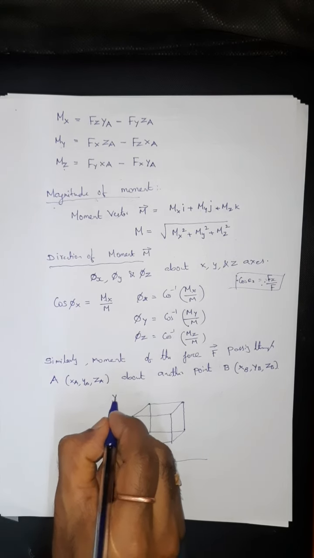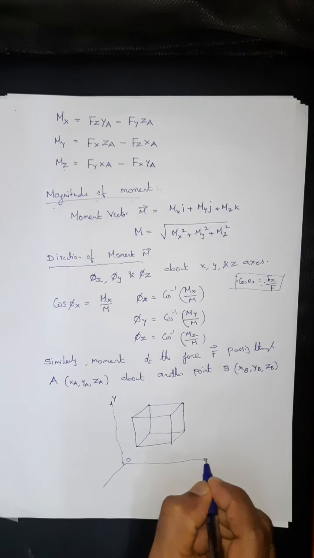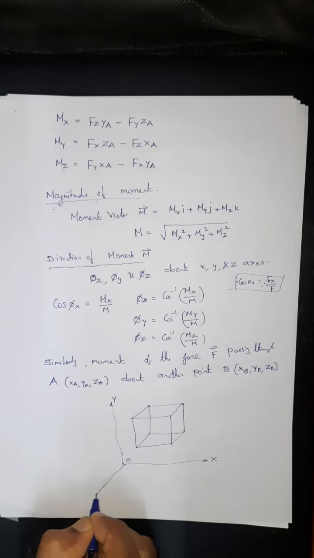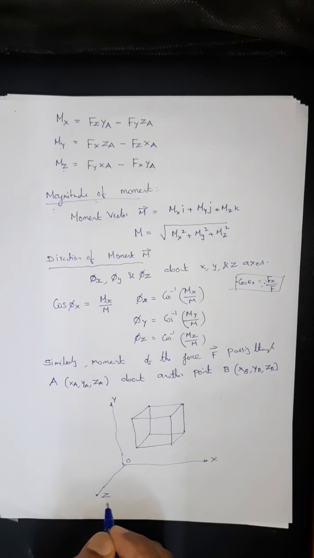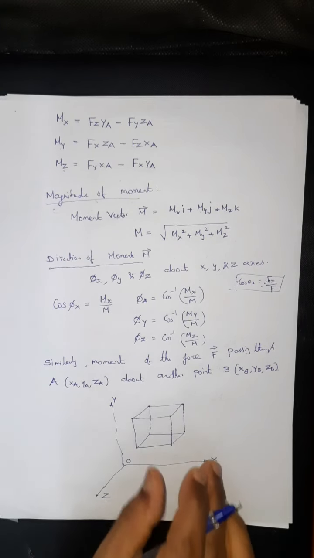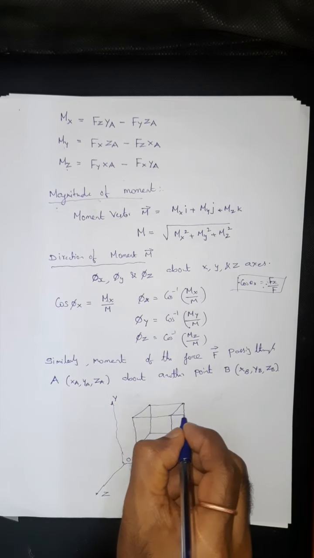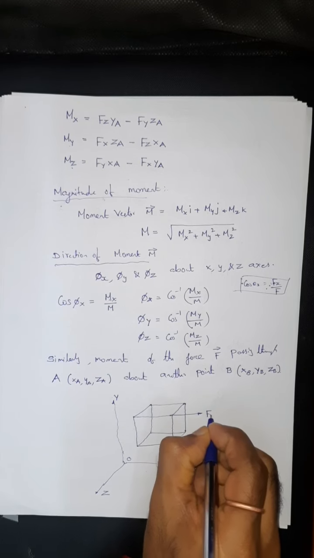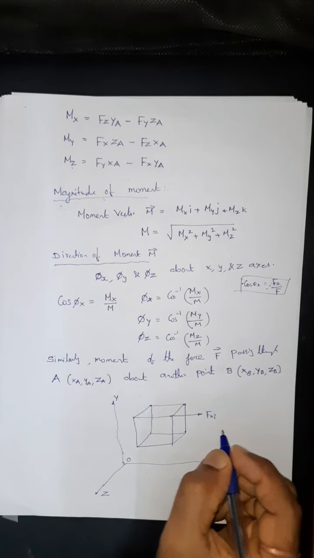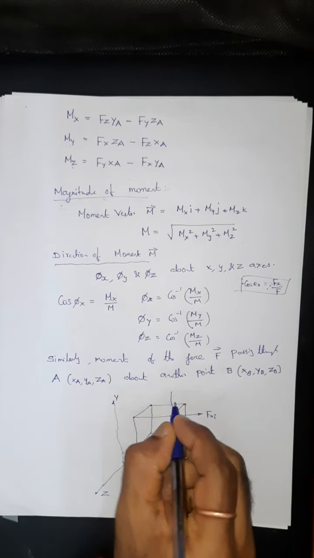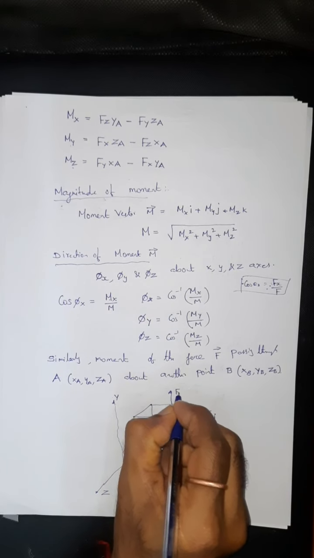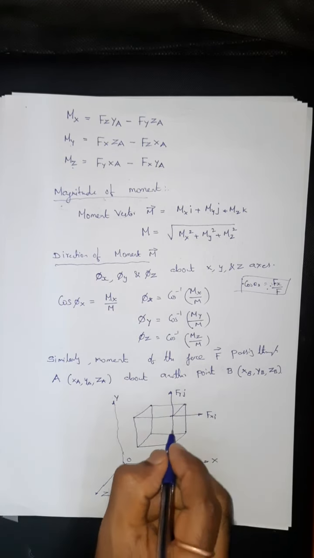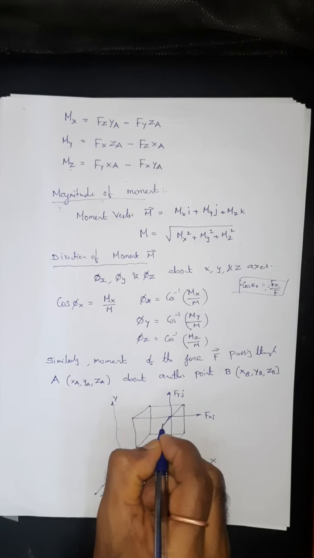This is y direction and this is x direction and this is z direction. Got it? So now the force can be represented in this way. This is x direction, so Fx i can be mentioned, and this is y direction, so Fy j can be mentioned, and this is the z direction, isn't it?